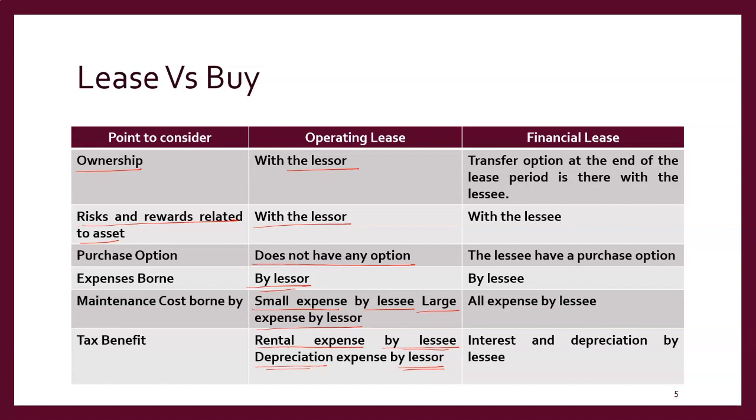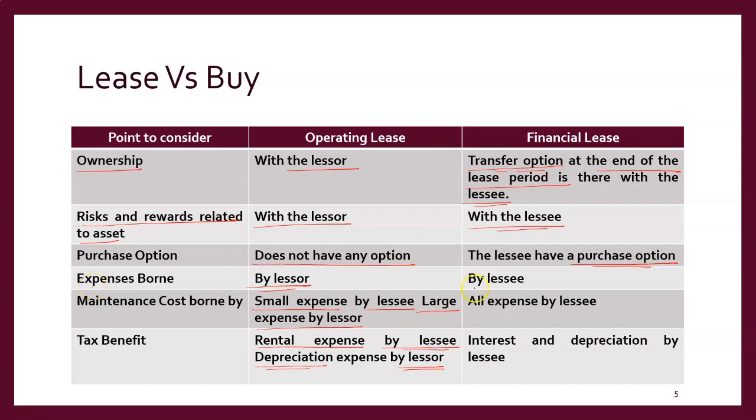In a finance lease, there's an ownership transfer option available at the end of the lease period, where the lessee can become the owner. The risks and rewards related to the asset are with the lessee, not the lessor. There is a purchase option: the lessee has the right to purchase the asset at the end of the lease period.